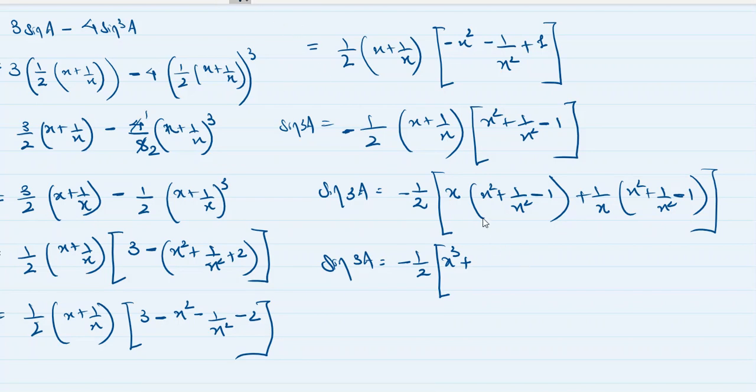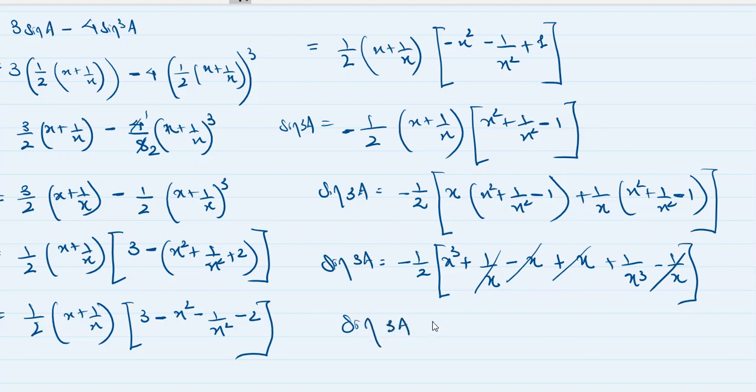So x multiplied by 1 by x square is 1 by x, minus x, plus x square by x, that is x, plus 1 by x into 1 by x square, that is 1 by x cube, and 1 by x into minus 1, that is minus 1 by x. So minus 1 by x plus 1 by x, minus x plus x get cancelled, and we get sine 3A equals minus half of x cube plus 1 by x cube.